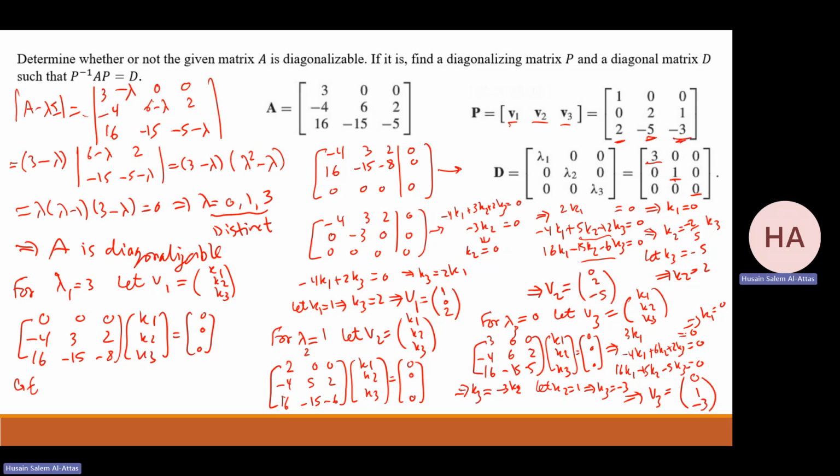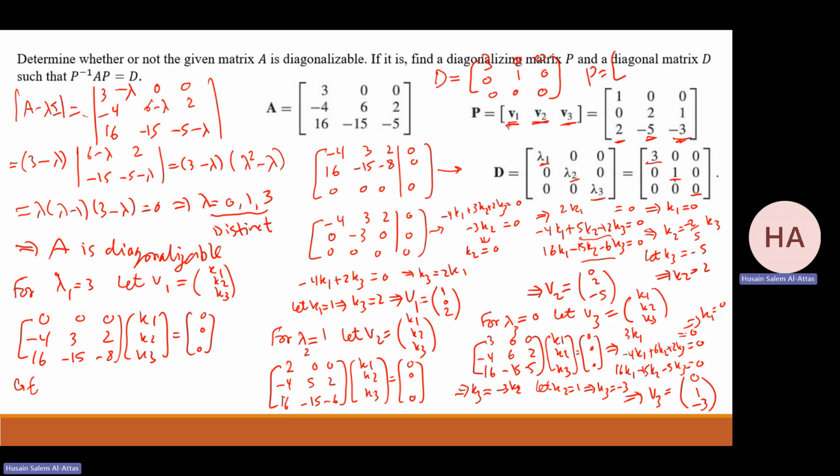So what is my D? Let me do it here. D will be lambda 1, lambda 2, lambda 3, and I have lambda 1 is 3, 0, 0, 0, 1, 0, 0, 0, 0. That will be D. What is P? It will be V1, V2, V3.